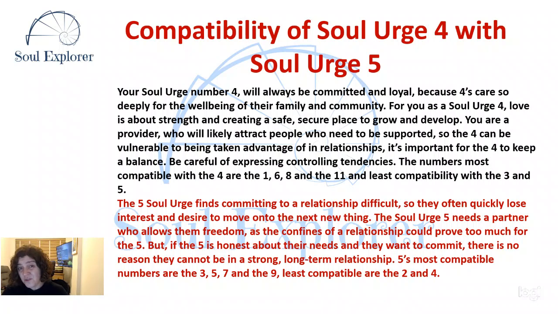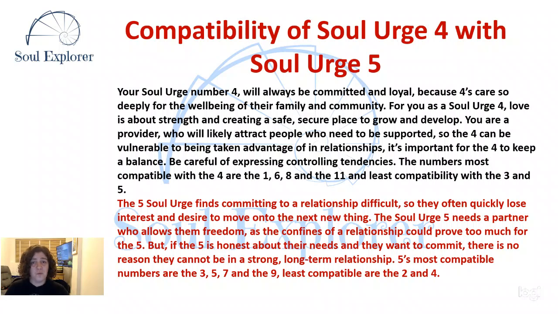So 5's most compatible numbers, as you can imagine, are a 3, 5, 7. 7 likes a bit of excitement in their life, and a 9, because the 9 is just compatible with everyone. And the least compatible is the 2 and the 4, because the 2 wants emotional security. They want a family, they want intimacy, and of course the 4 wants security. And the 5, they just want to meet different people.